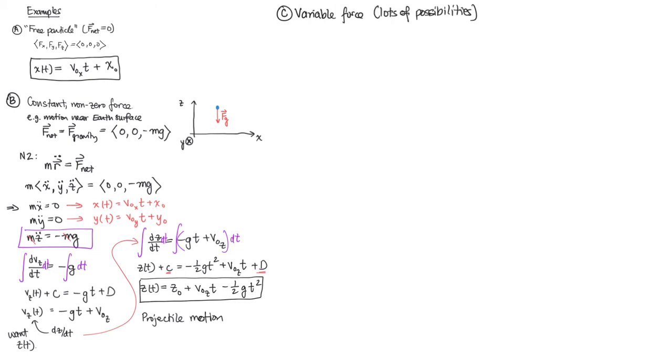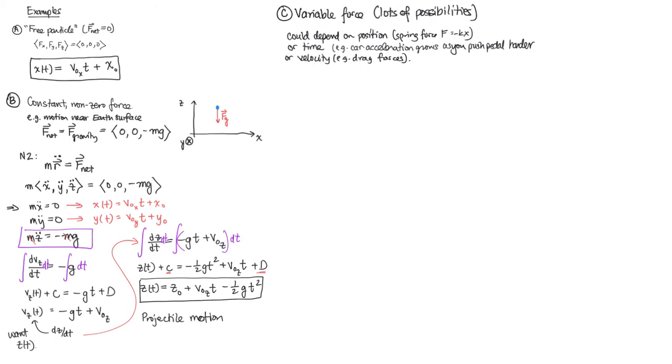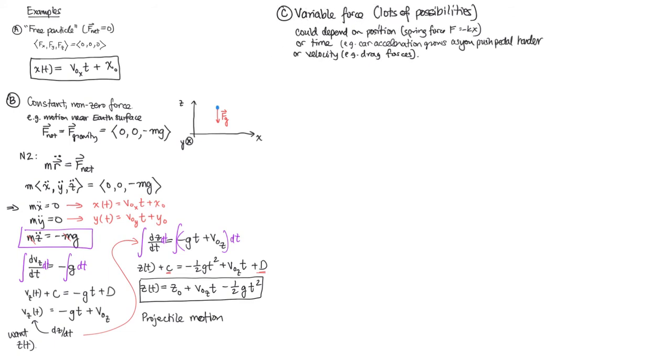So let's continue by considering some other forces, or at least classes of forces. So we considered zero forces. We've considered constant forces. So let's consider some variable forces. And here there's tons and tons of possibilities, right? These forces could depend on position. So for example, a spring force, the force depends on the stretch of the spring.